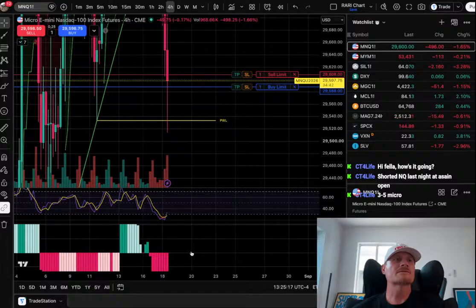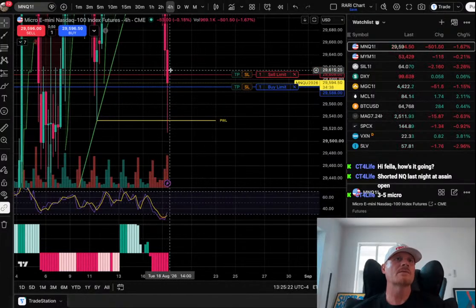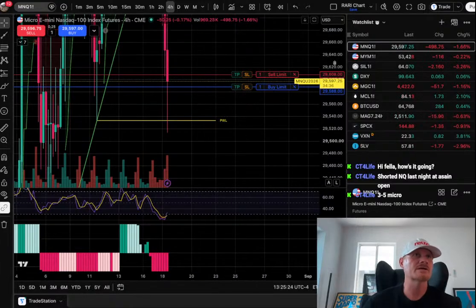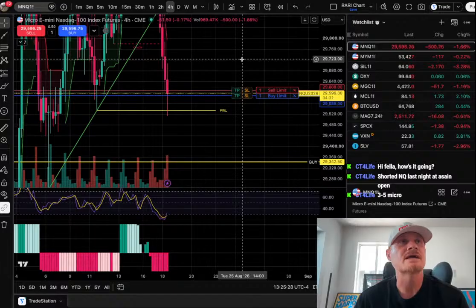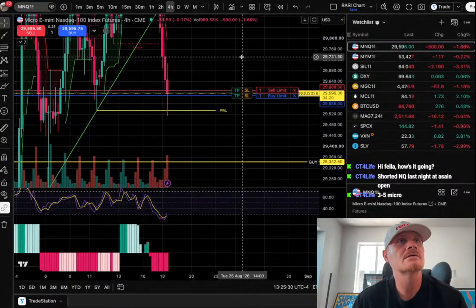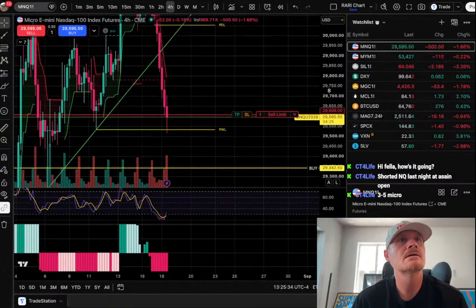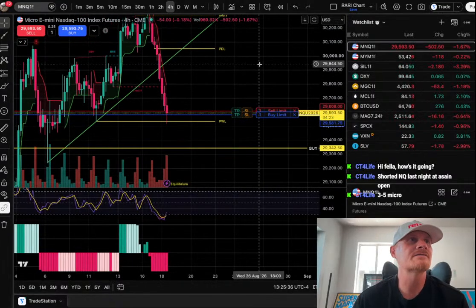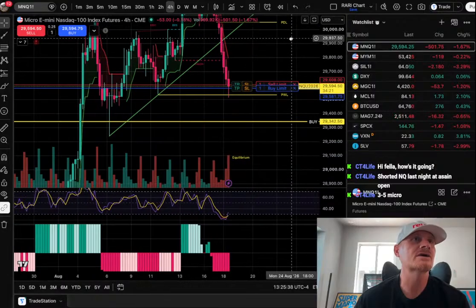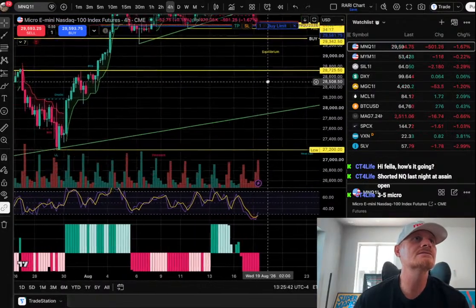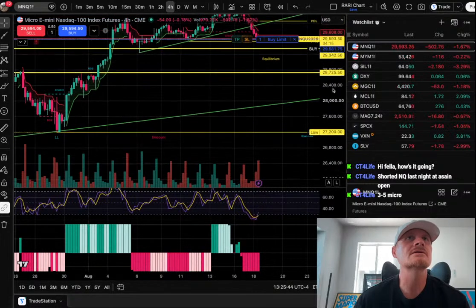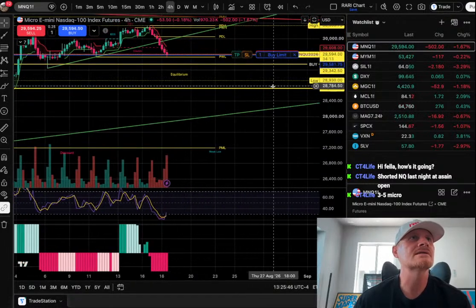CT for life, if you're still there, do you think this is going to go below the previous week low, or do you think it's going to have a little shift back up for Wednesday or Tuesday night? I mean, it's definitely below this trend line, but this trend line isn't this trend line. I think it's going to hit that equilibrium.